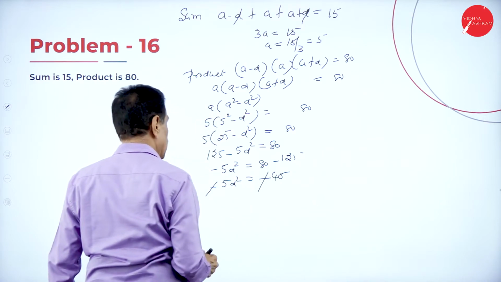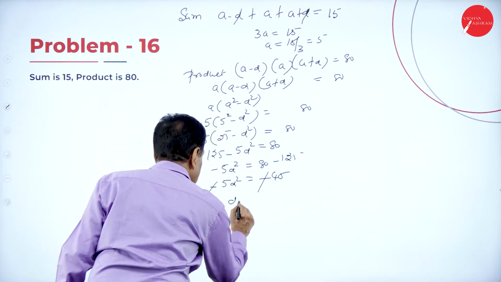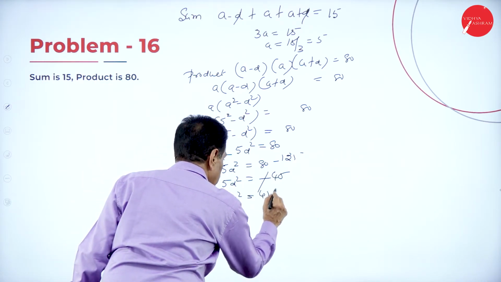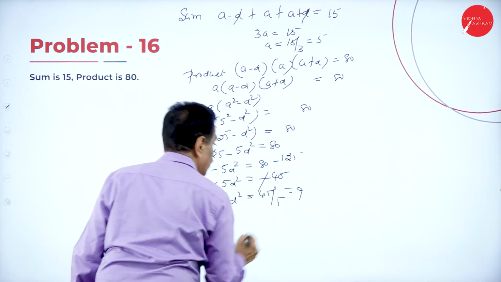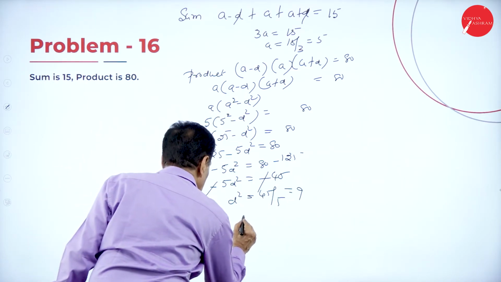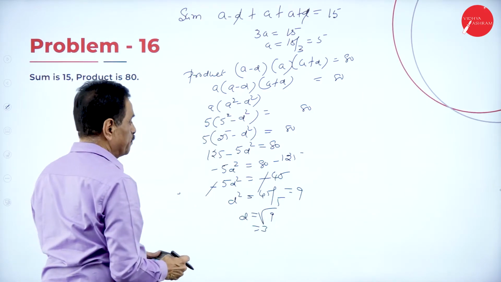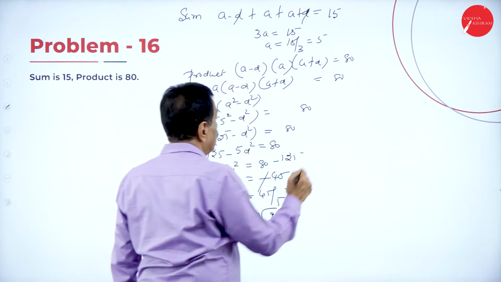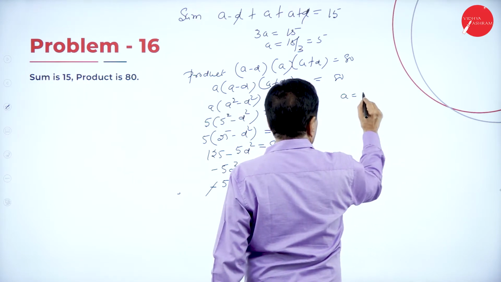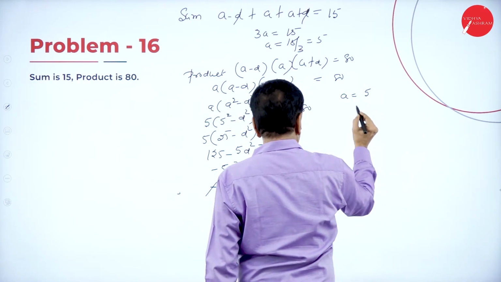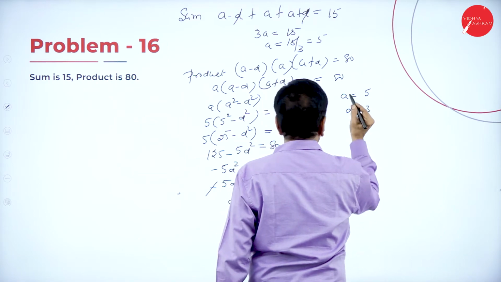Minus minus cancelled out. D square is equal to 45 divided by 5, that's equal to 9. D is equal to root of 9, that's equal to 3. So your A is equal to 5, D is equal to 3.